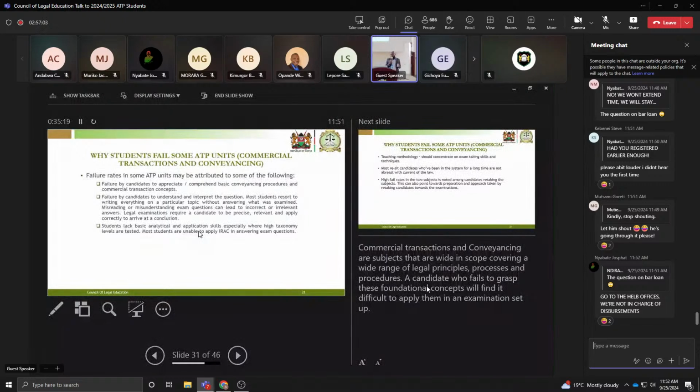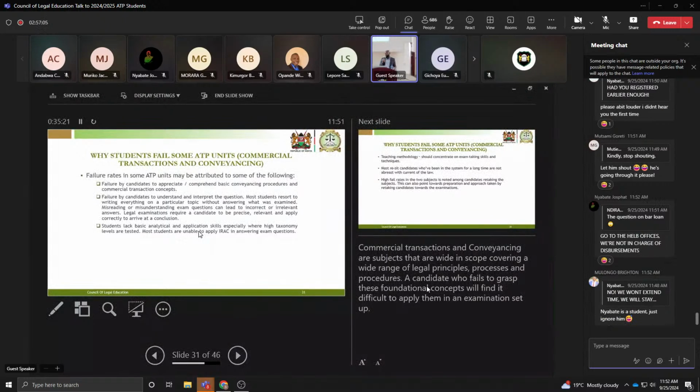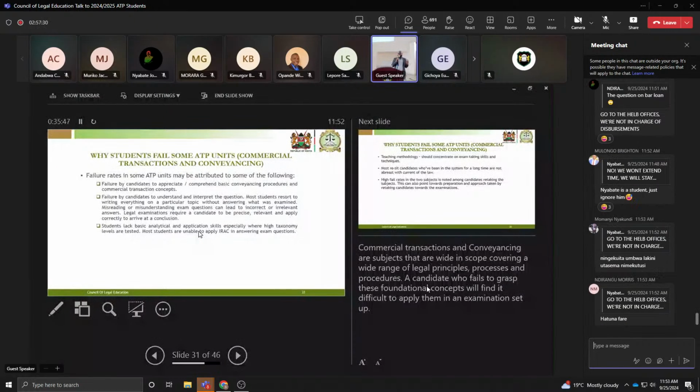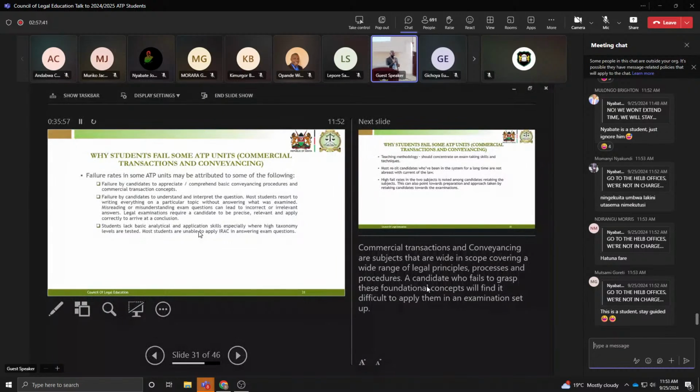Now, we asked markers why, and markers gave us some of the reasons. For instance, there is failure on the part of some candidates to appreciate or comprehend basic conveyancing procedures and commercial transaction concepts. Either a student does not know the concepts, or, as I have seen happen, let me take mergers in commercial transaction.